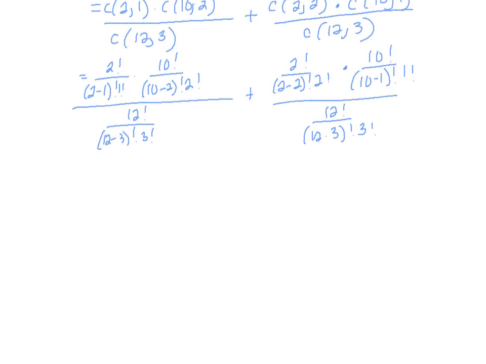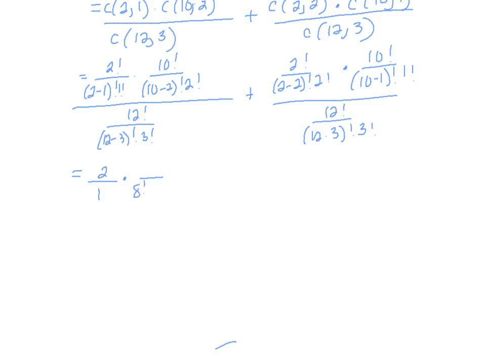And now it's just a matter of multiplying and simplifying. Let's see here. So we're going to end up having 2 factorial, which is 2 times 1, so just 2, over 1 factorial times 1 factorial, which is just 1, times 10 factorial over 8 factorial, 2 factorial.